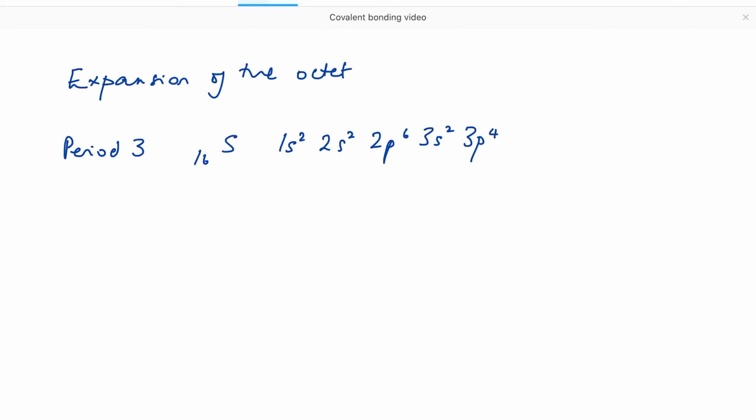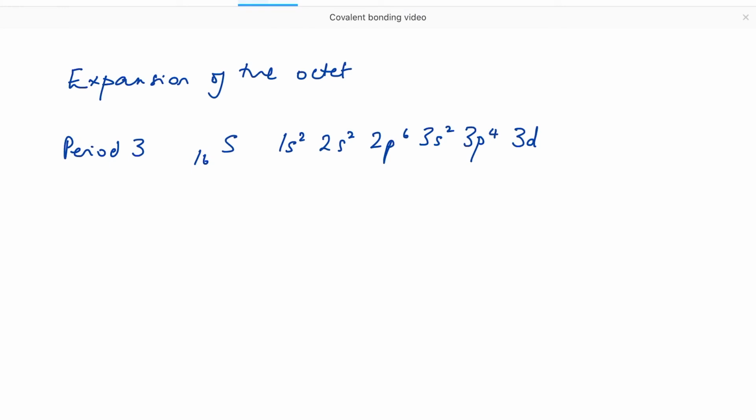But we know that the third shell has another set of sub-orbitals. It has the d orbitals, and in sulfur they are empty, but they are there, which means that more electrons can be accommodated. This gives sulfur and many elements in period 3, the non-metals, a much bigger range of possibilities when they bond.